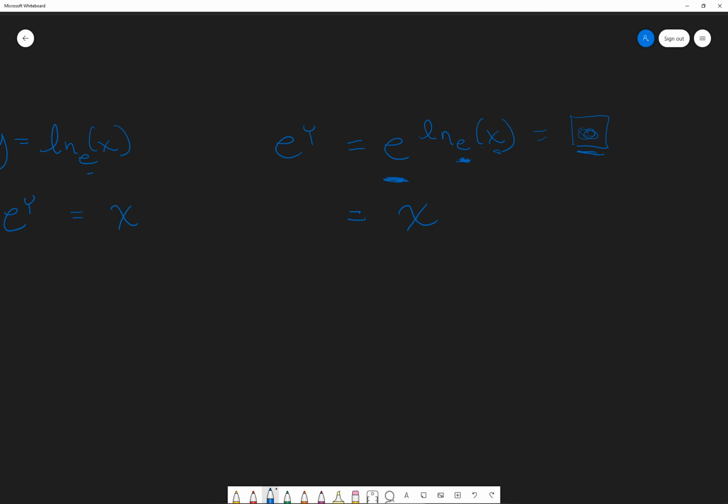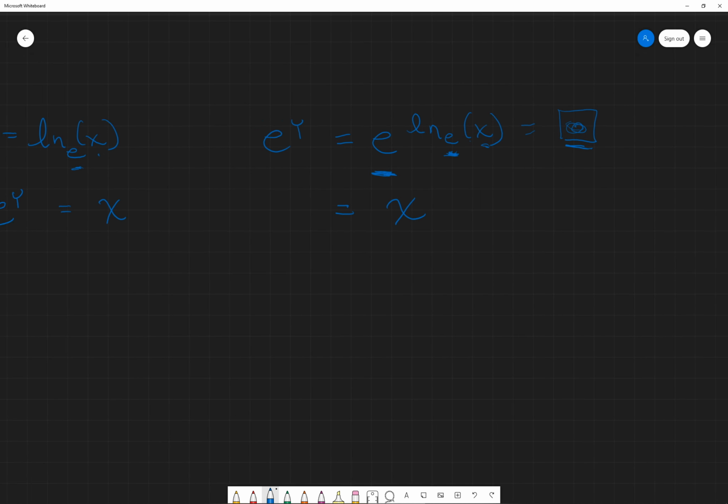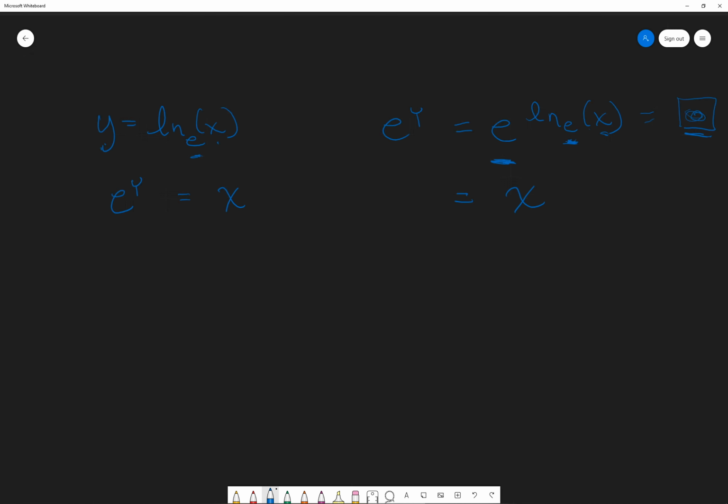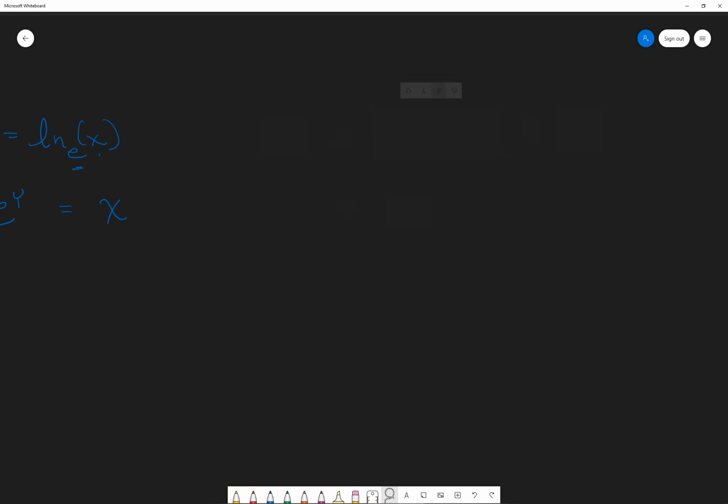Okay, I'm going to do this again. We can say e to the y is equal to x just by looking at how ln works. Or let me start over for a second. Let's say we don't know what e to the y is. What is e to the y if y equals ln x?